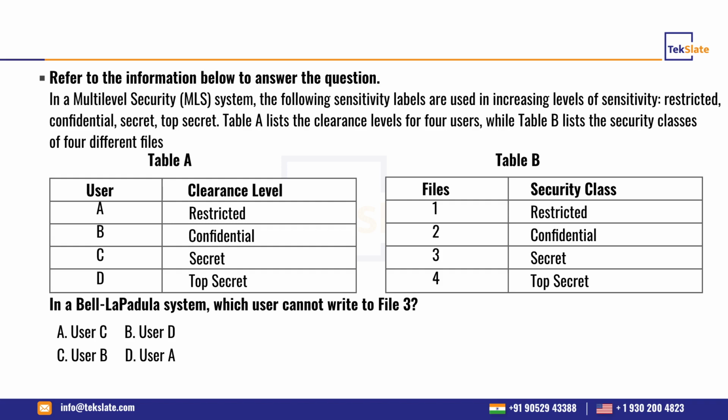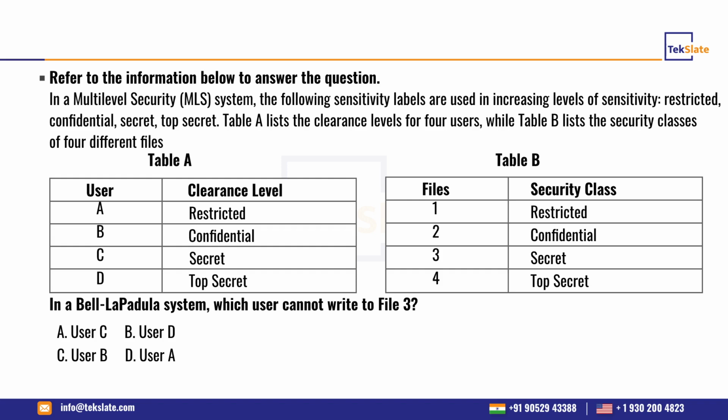This is a lower level. Now the answer would be user D, because the top secret can't write down. He cannot write to file 3 according to this principle. Star property, no write down. Let's see what the answer is.